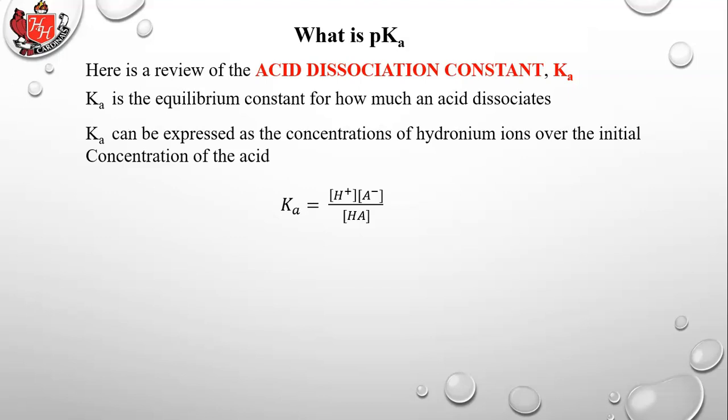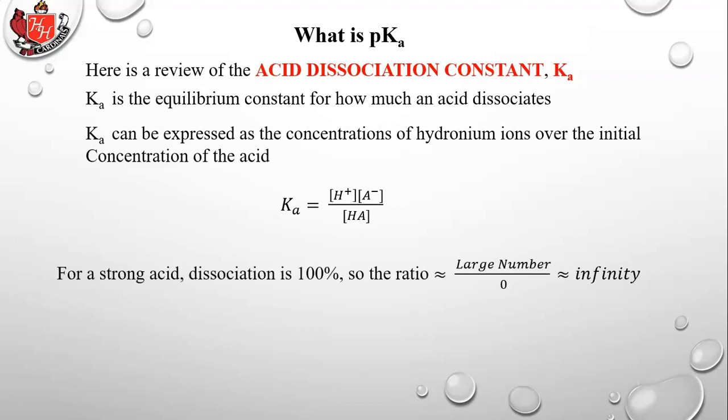So the right side of the equation, the products, would be the H plus and the A minus, the hydronium ion and the conjugate base. And what you start with over on the left side of the arrow, the reactant, would be the acid, HA. For a strong acid, dissociation is 100%, or we're going to say very close to 100%.